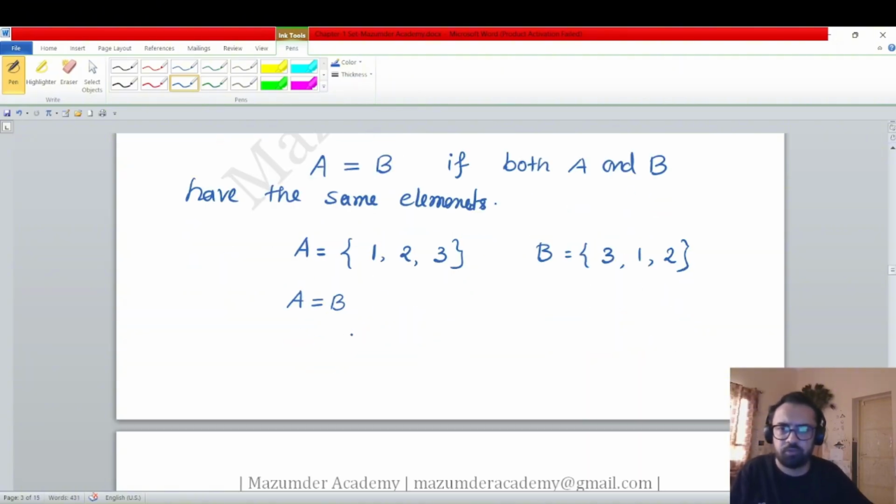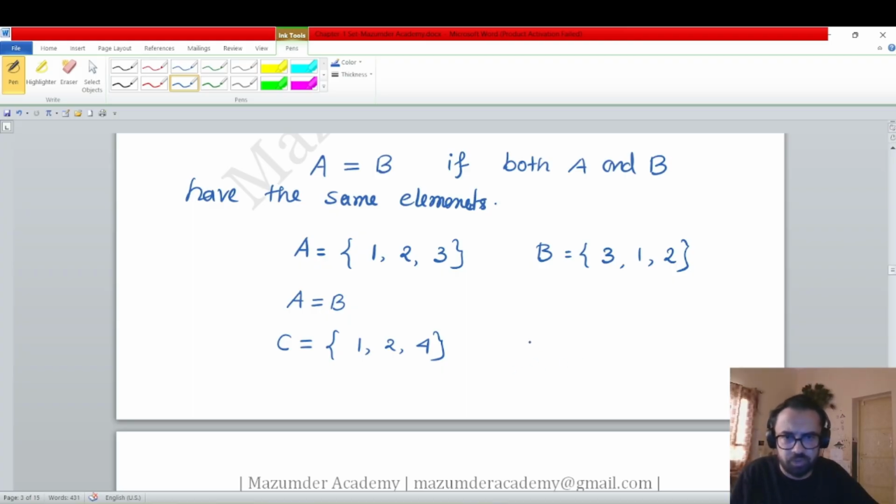And if you have any extra element in one of the sets which is not available in the other set, then we say they are not equal. Say for example, you have another set C which is {1, 2, 4}.